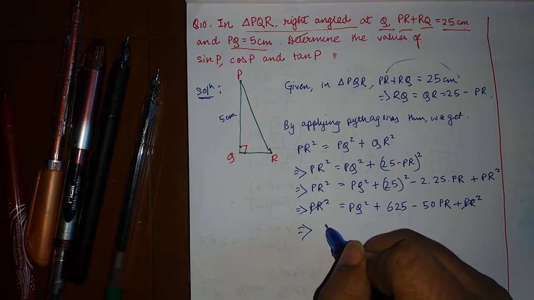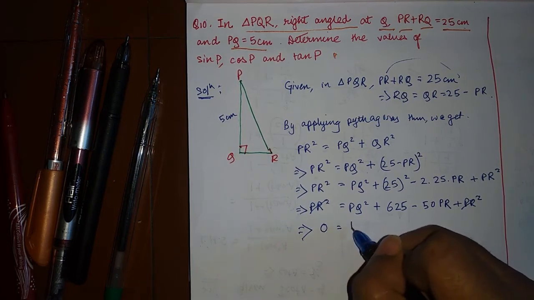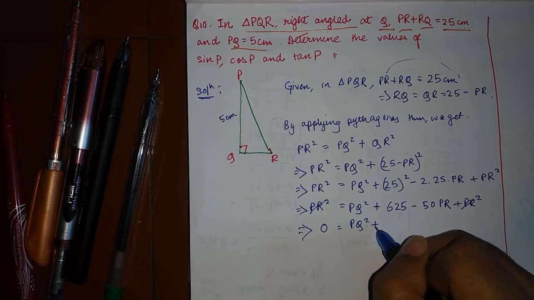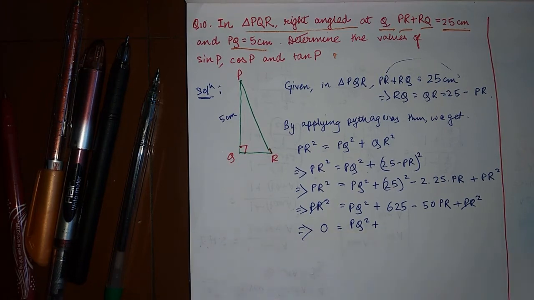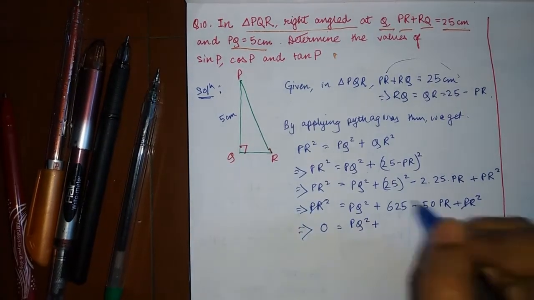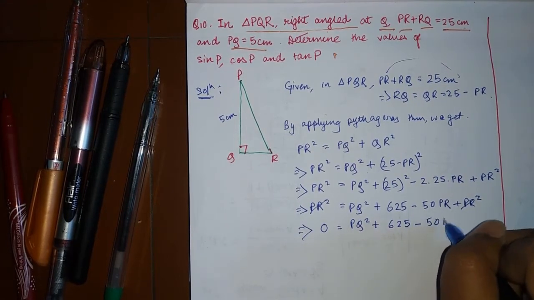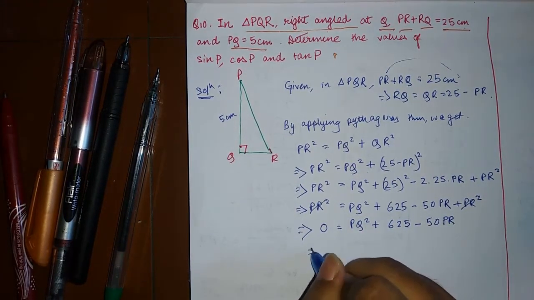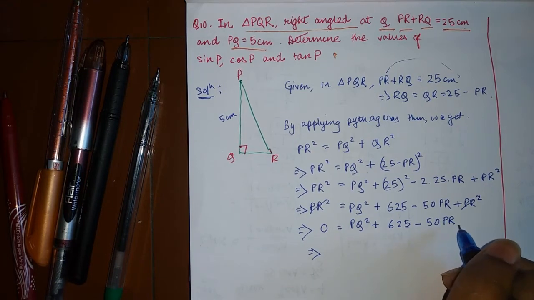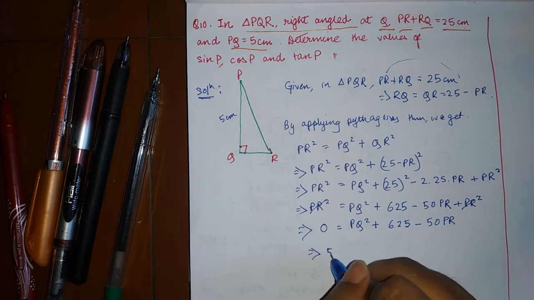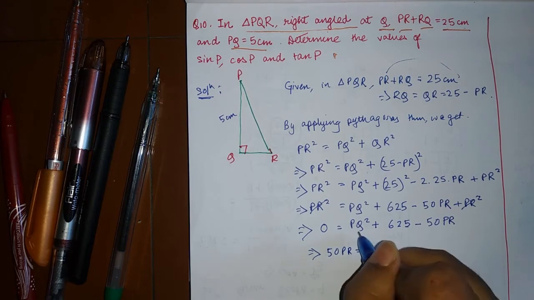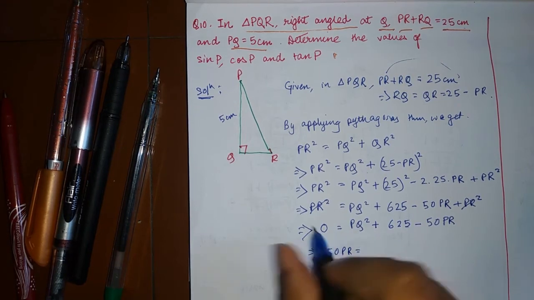So it will be like 0 equals PQ squared plus 625 minus 50 PR. Now you transfer this minus 50 PR to the left hand side, you will get plus 50 PR equals, you just plug in the value of PQ.